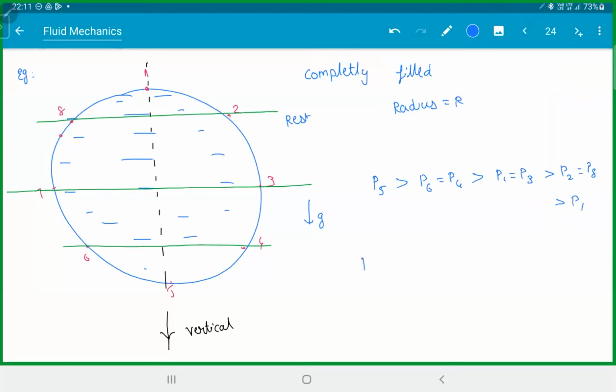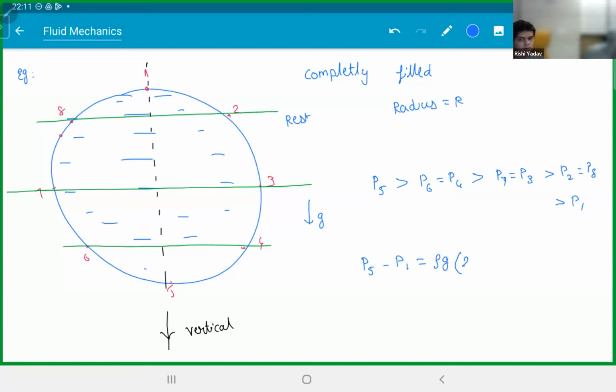So what is the pressure difference between the highest point and the lowest point? How much is this? So that is P7 equal to P3, no? Yeah. What is the pressure difference between 1 and 5? Rho G, how much? 2R. 2R. All clear with this?